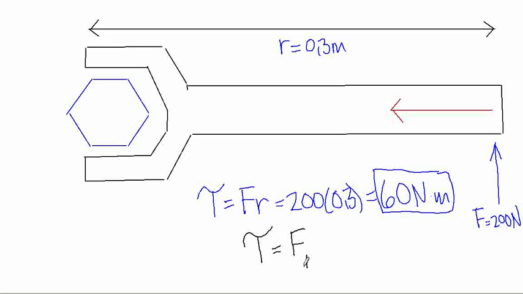I'm going to put a little subscript, an upside down T, that stands for perpendicular. So the perpendicular force component times R, where R again is the distance from the point where the force is applied to the axis of rotation. Okay? So please keep this formula in mind. And we will use that formula in general when calculating torques.